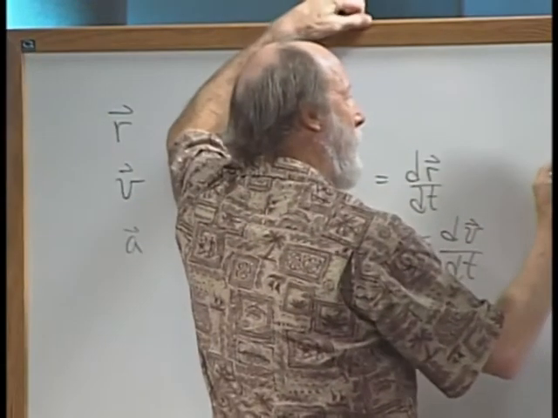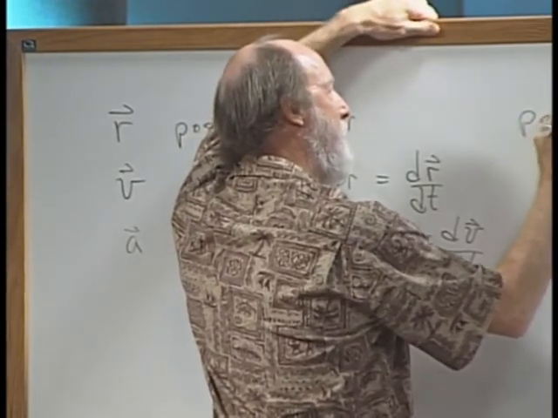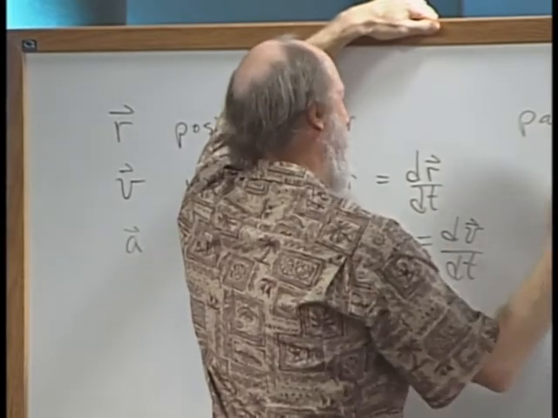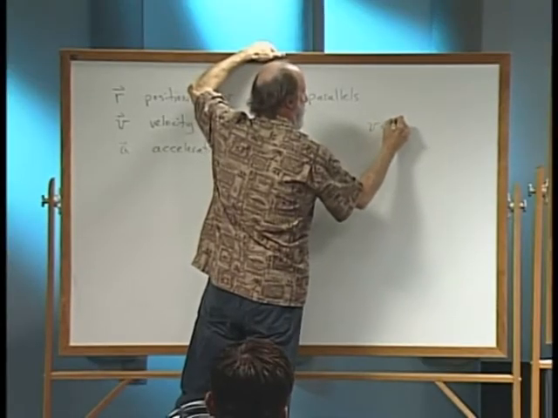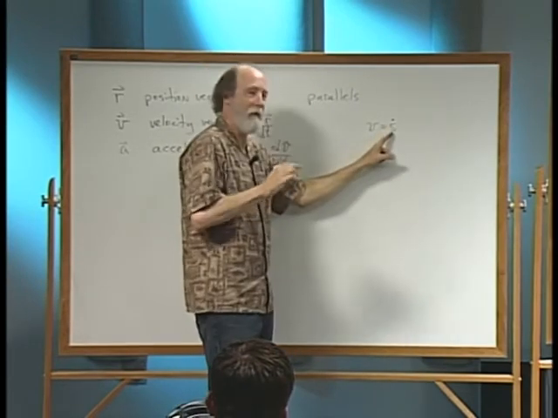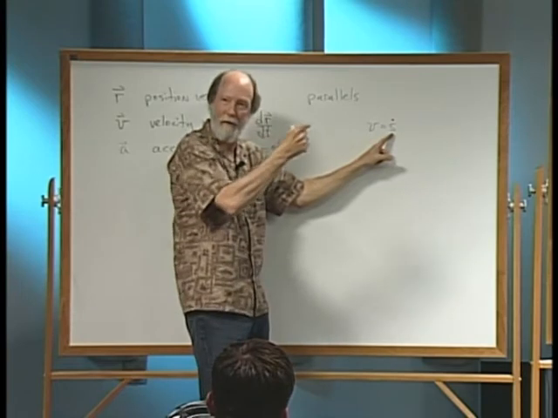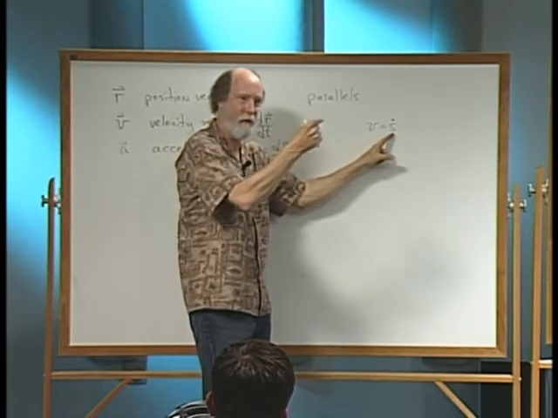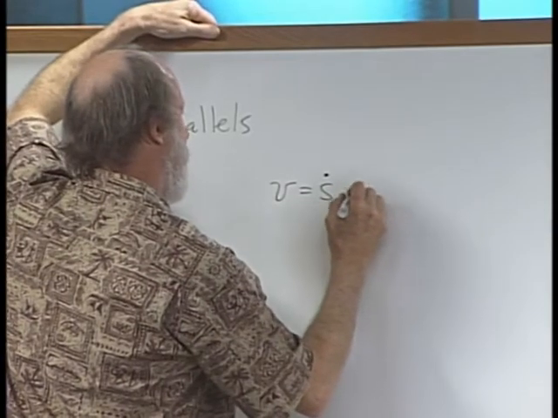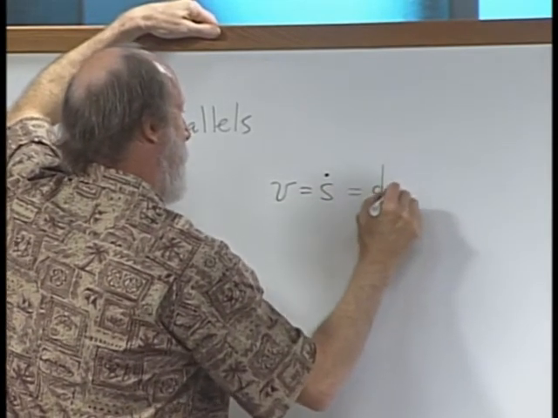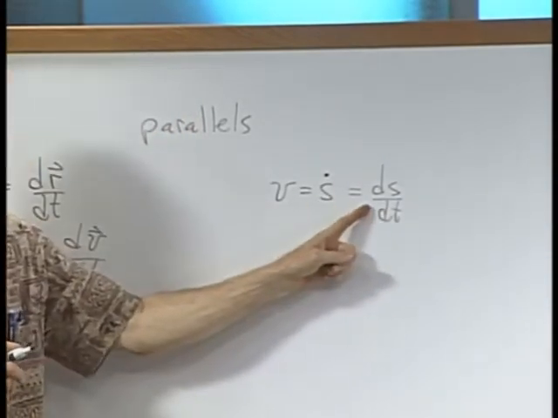This parallels our discussion where we had the speed, which was the rate at which the length along the arc is changing, the rate of the arc length changing, and that is equal to the time rate of change, Newtonian notation, Leibniz notation.